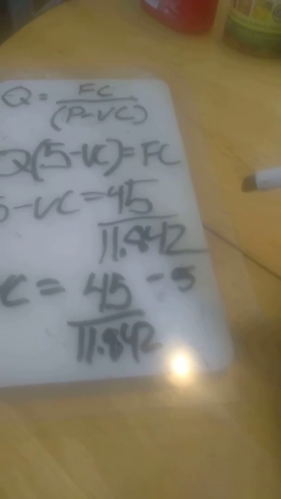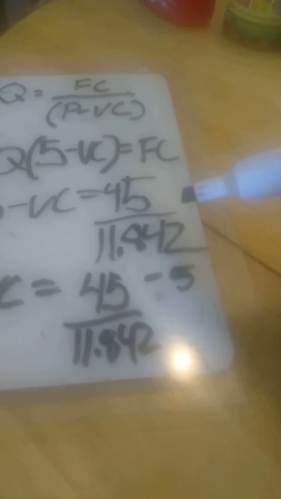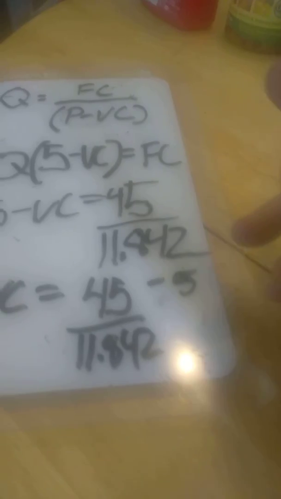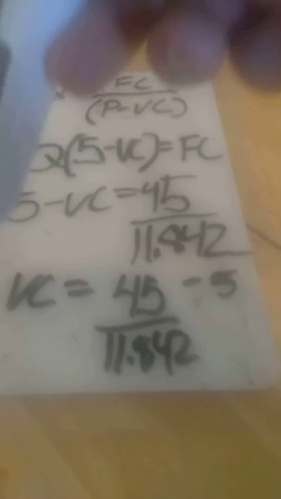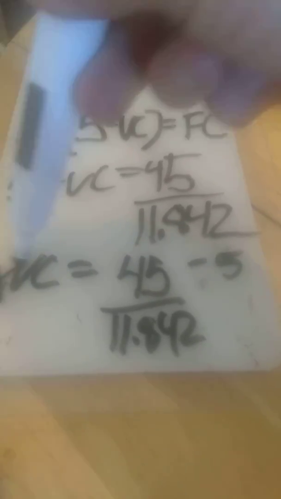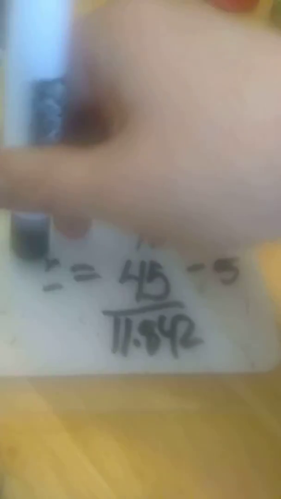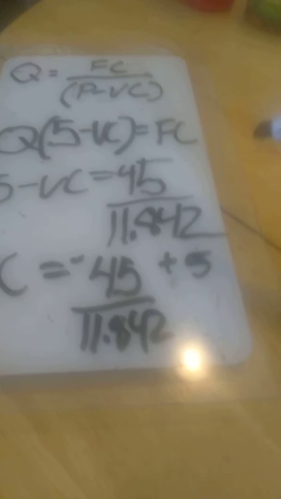Okay. And then, since you want to make that a positive, if you multiply everything by negative, that is now plus variable cost, but we don't really need to put a plus sign by it, but we can to emphasize the point. That's negative, and then now that's positive again.